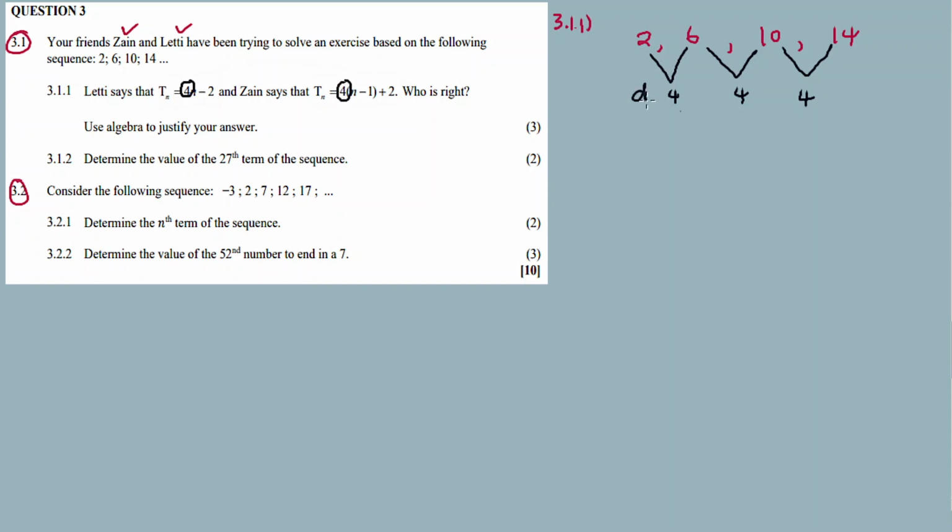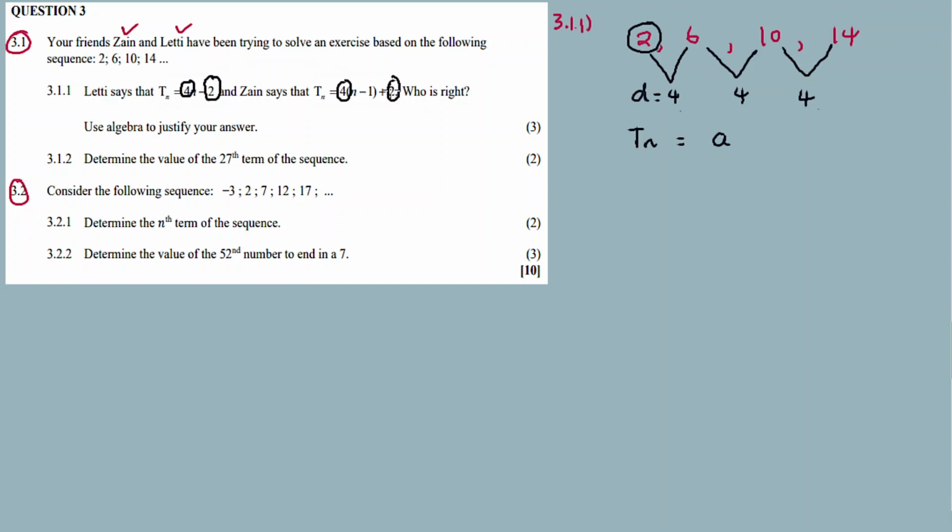So this is the value for D. Since this is a linear pattern with a common difference, the nth term is equal to a, which is the first term in the sequence, in this case 2. I see the 2 here in Leti's and the 2 here in Zane's. Are they correct?